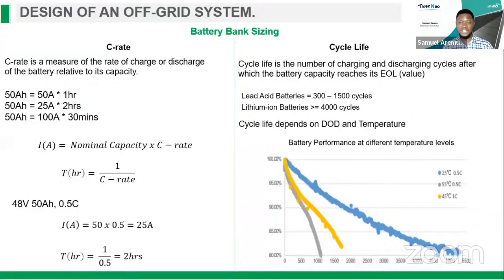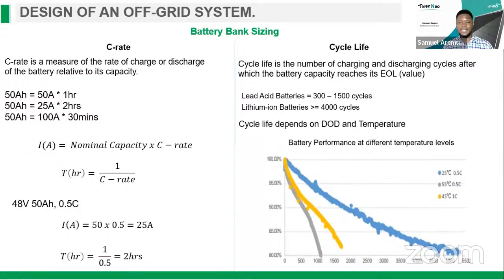And for lithium-ion batteries, you have something above 4,000 cycles, 5,000 cycles. The cycle life tells how long the battery will last. I've seen engineers and technicians say this battery can last 5 years or 10 years. It's technically wrong, because what determines how long the battery will last is the cycle life of the battery.